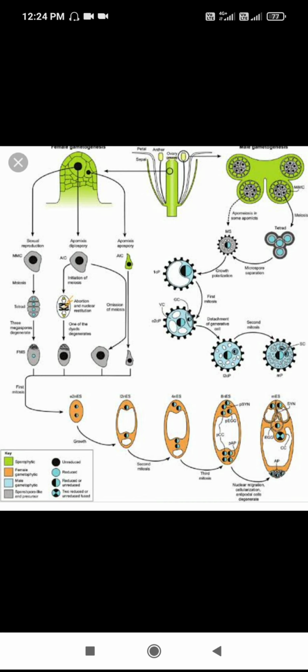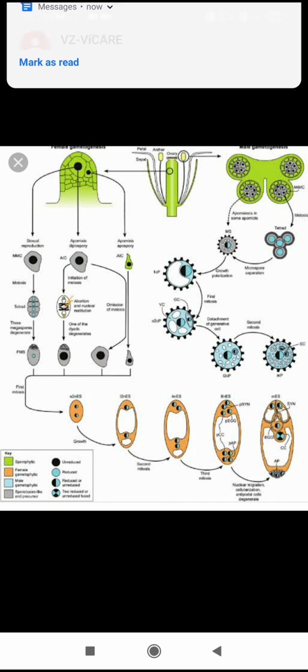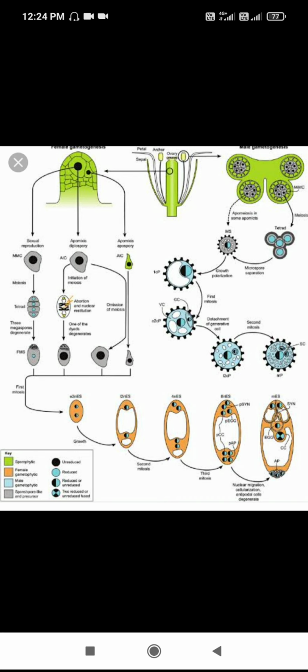Now we have to discuss Pearson. He studied the development of the male gametophyte in Gnetum gnemon and Gnetum africanum. The microspore nucleus divides into two daughter nuclei, separated by a septum.